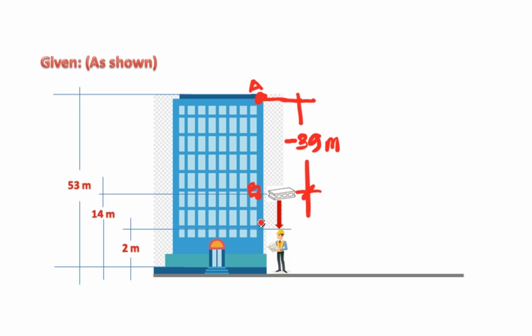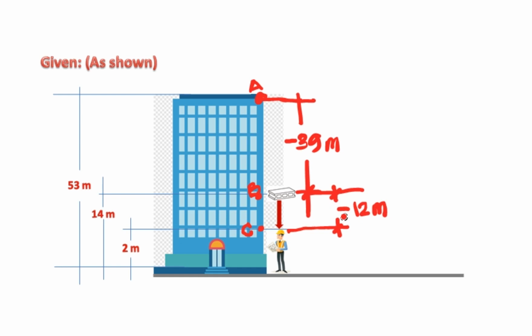And from this point, point B, to this point, let's say point C, a point just above the head of the engineer, the block will still have to travel a distance of negative 12 meters.